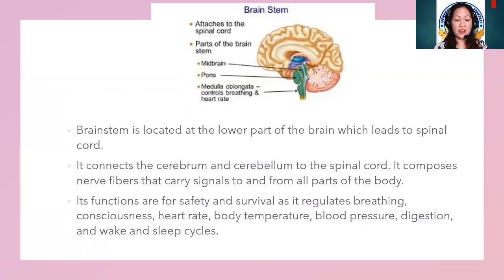And its functions are for safety and survival as it regulates breathing. Naku, napaka-importante! Breathing, consciousness, heart rate, body temperature, blood pressure, digestion, and wake and sleep cycle. Napaka-importante, kaya hindi rin po pwede ma-damage yung bandang part ng ating brainstem.